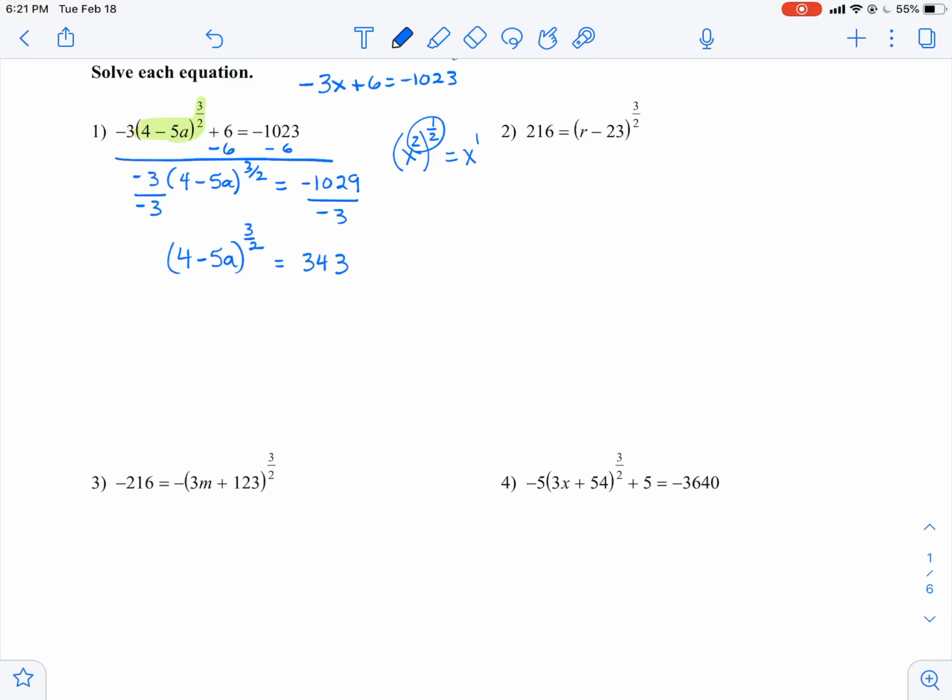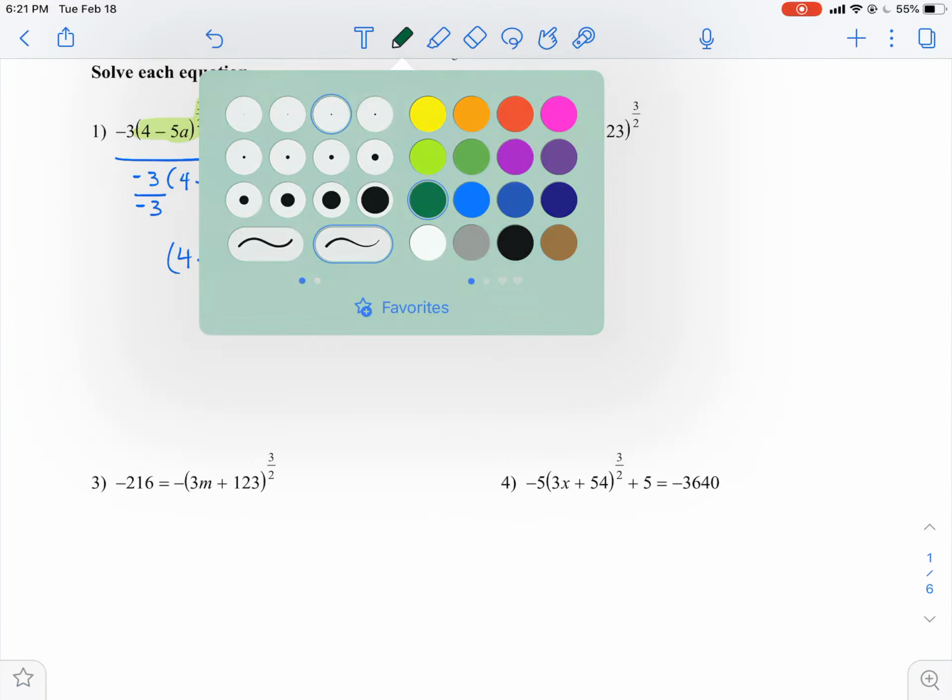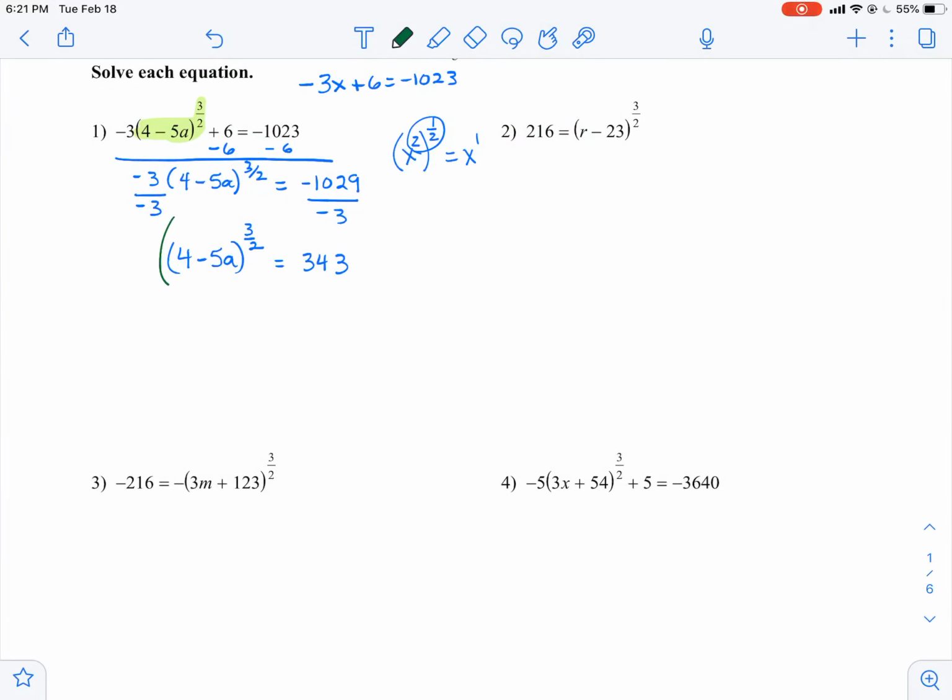So in this case, we are going to be taking this equation to the reciprocal power, which is the 2/3 power, and therefore I must take this side to the 2/3 power. When I multiply these two together, we're going to cancel, we're going to get 1, which means what's left over is simply just the 4 minus 5a.